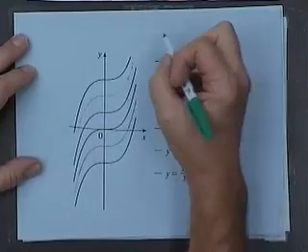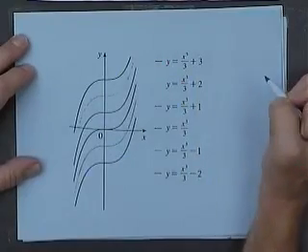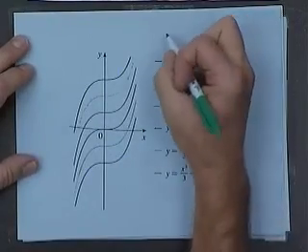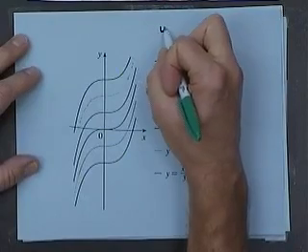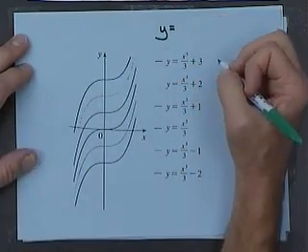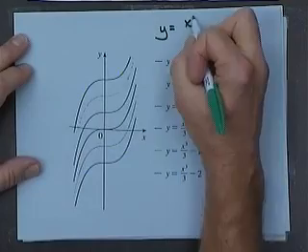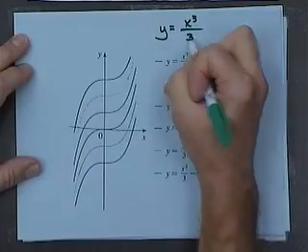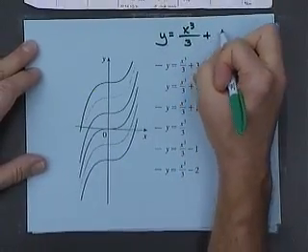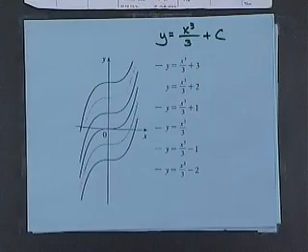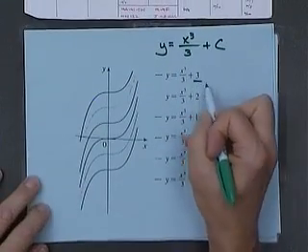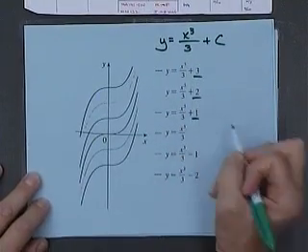All right, so here's kind of what we're talking about when we have a family of curves. So we found an antiderivative, and our y value, or our capital F of x value, is x cubed over 3 plus c. Now, c could be a lot of different numbers. Plus 3, plus 2, plus 1.